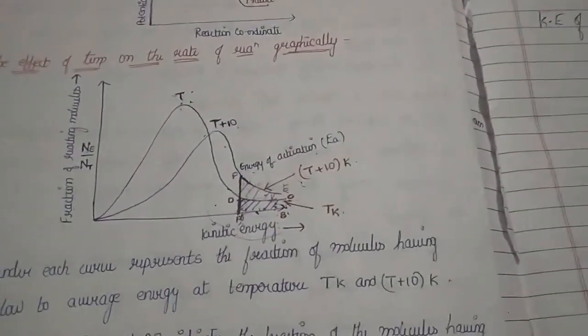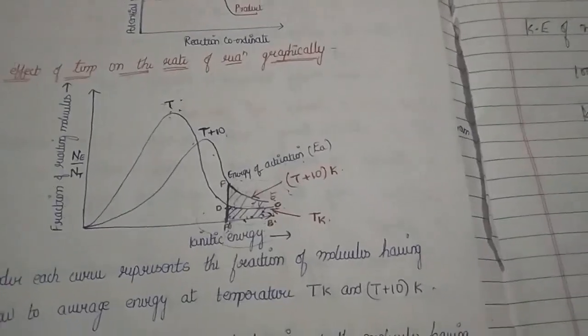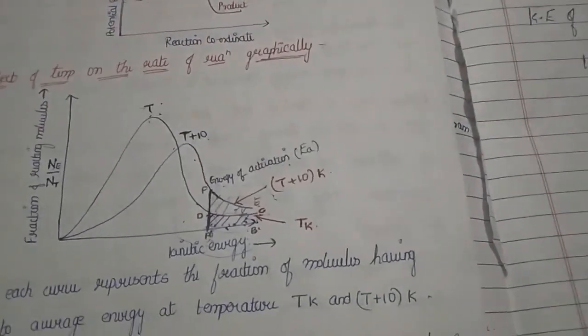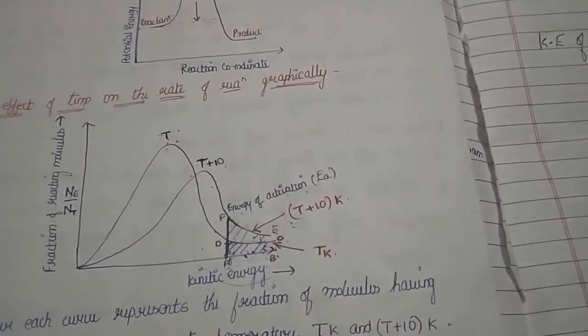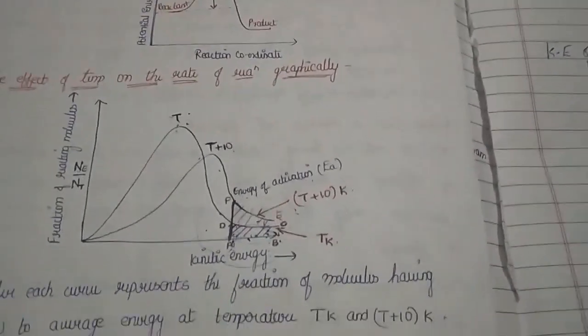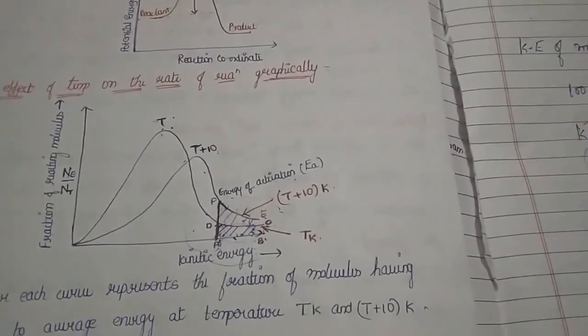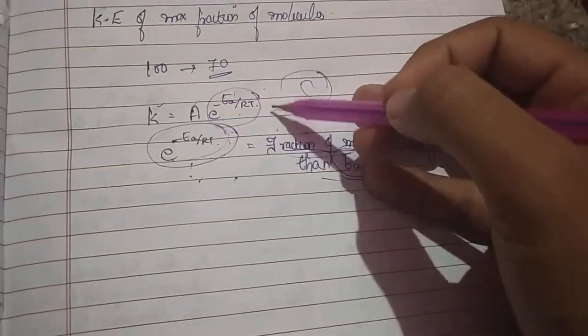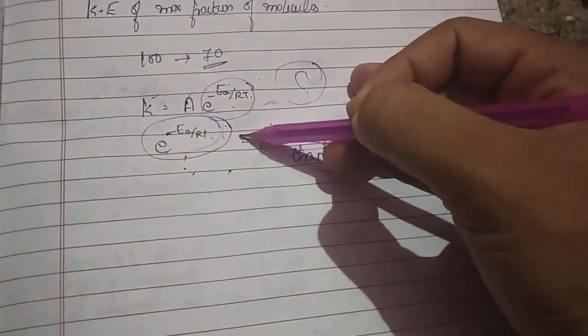So when the collisions between the activated molecules increase, what happens? At a faster rate, you will be obtaining your products. That is the reason we are explaining that with an increase in the temperature, the rate of the reaction also increases. And in the Arrhenius equation, we have an exponential factor. And what does this factor indicate?